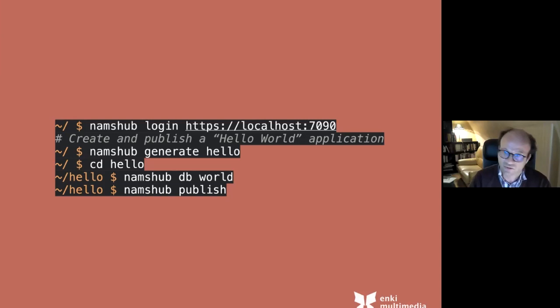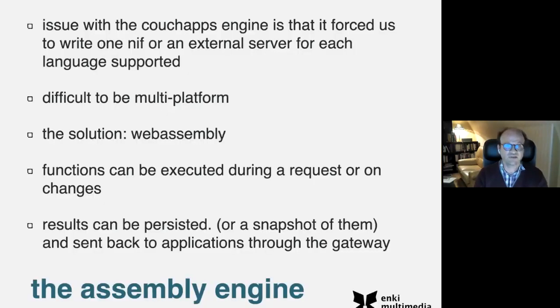This application doesn't have to be in Erlang. It can be done really in Python or C or Rust or any language. This application is in fact converted in WebAssembly.